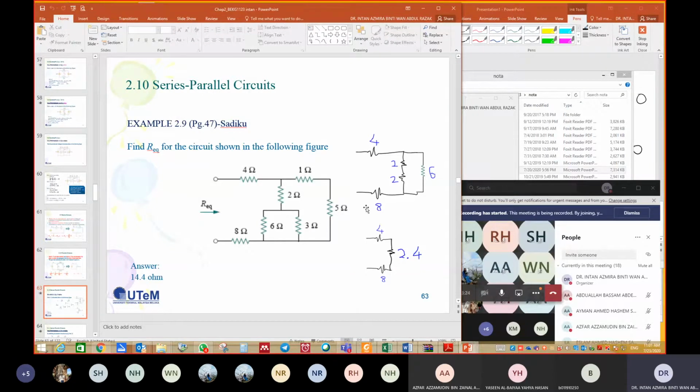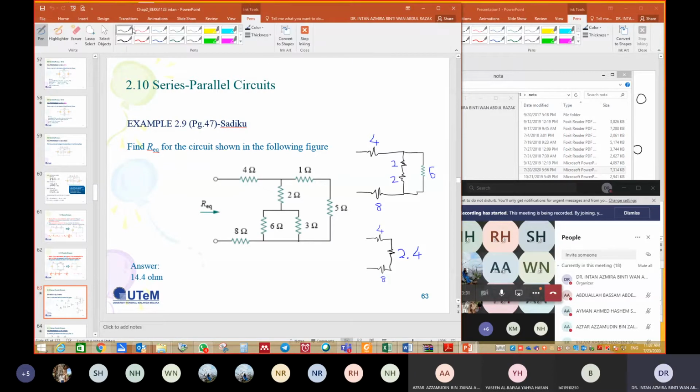How to parallel 6 and 3? 6 and 3 are parallel. So this one, 6 parallel with 3, is equal to 2. You know how to parallel 6 and 3? Yes, right.